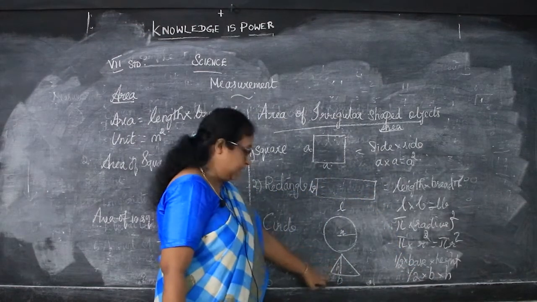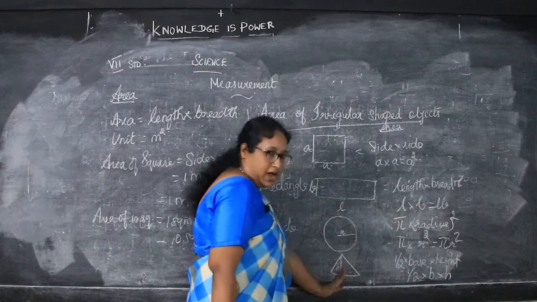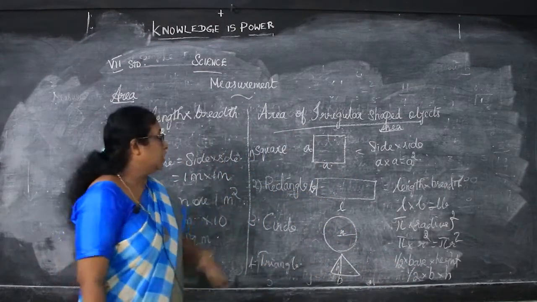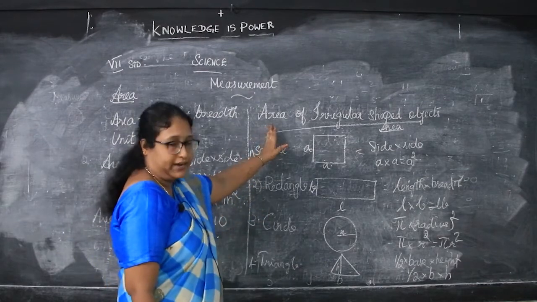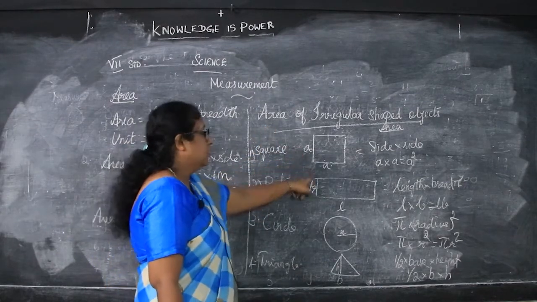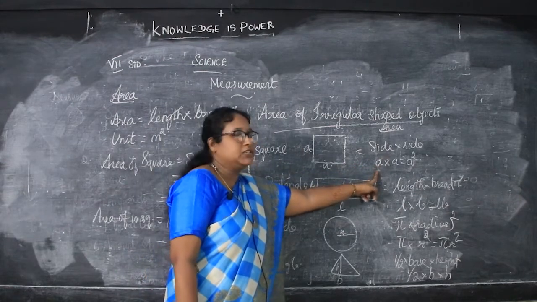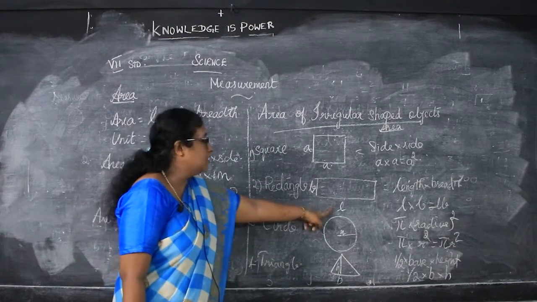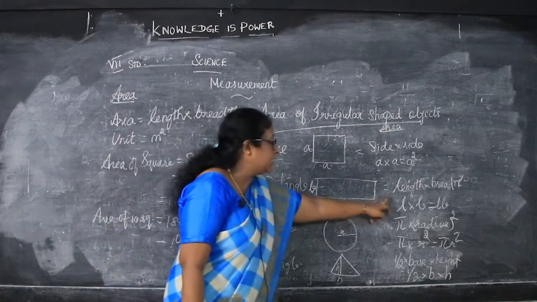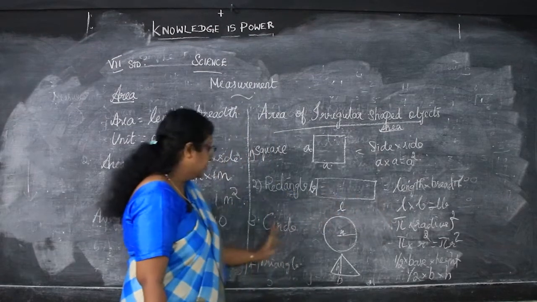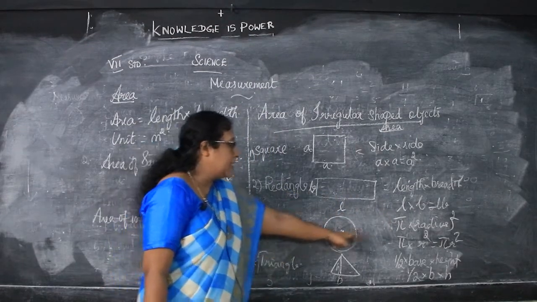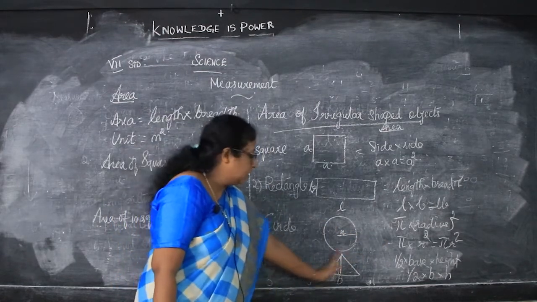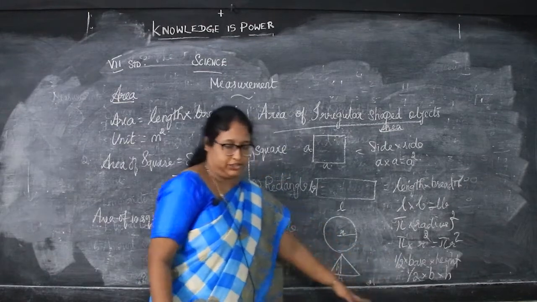So now we will see the area formulas again. First square, side into side, a into a is equal to a square. Then rectangle, length and breadth, so L into B is equal to LB. Then circle, you have radius, pi r squared. Then triangle, height and base, half into B into H.